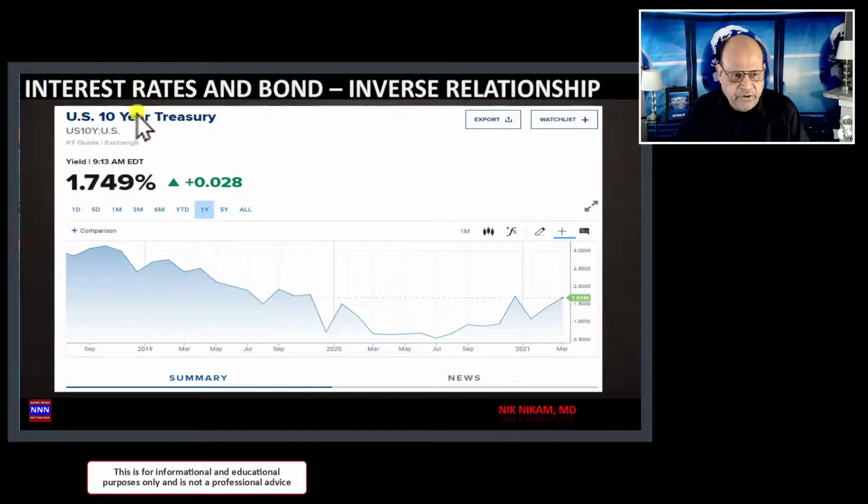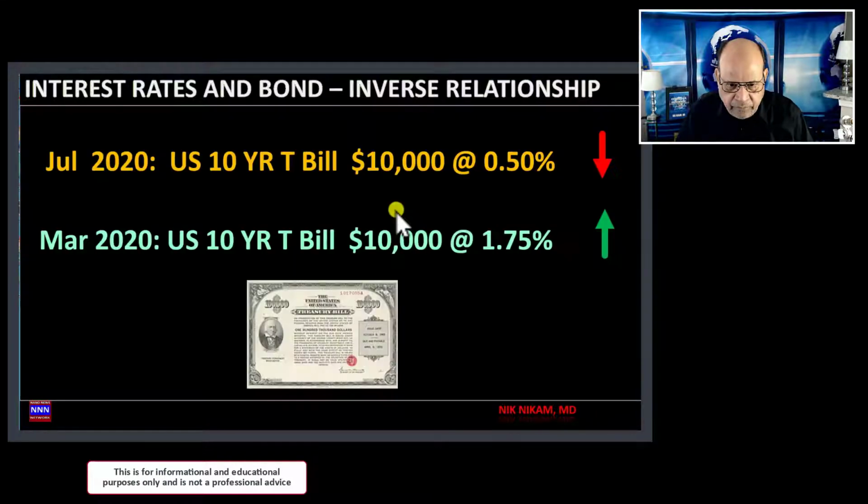So here's your 10-year treasury, which was down to almost 0.5% interest somewhere along July 20. That was right after the market crash. And today the interest rate is 1.75%. That is almost like 3 times what it was back in July 2020. So the interest rate has gone up, and now let's see what we can do.